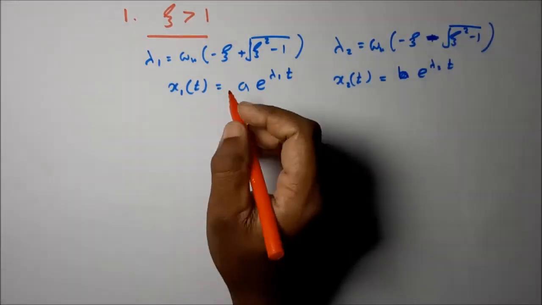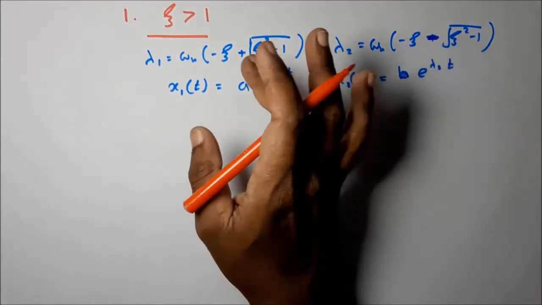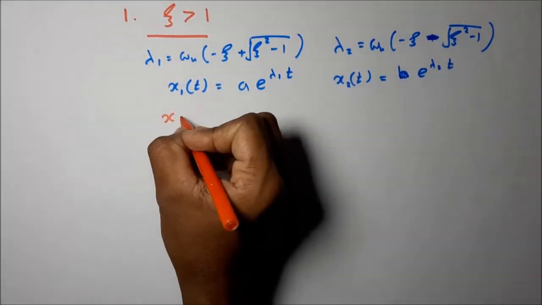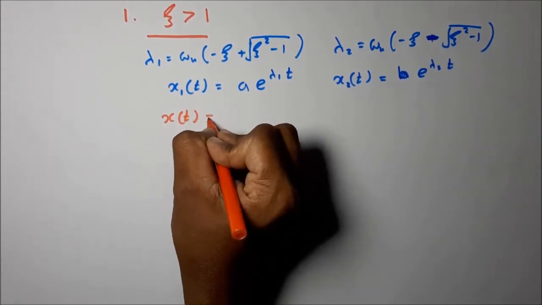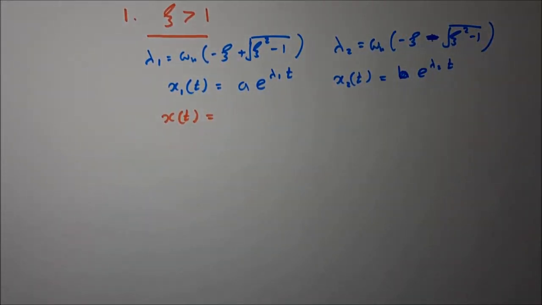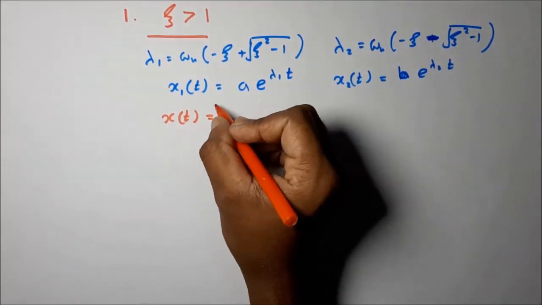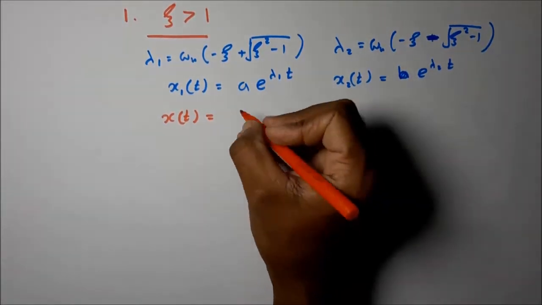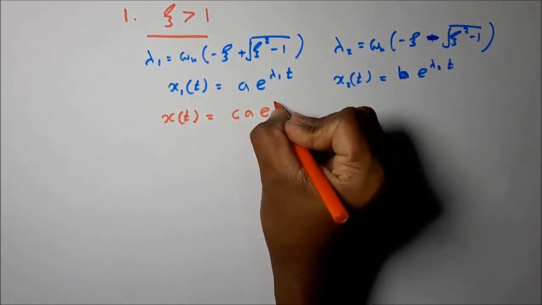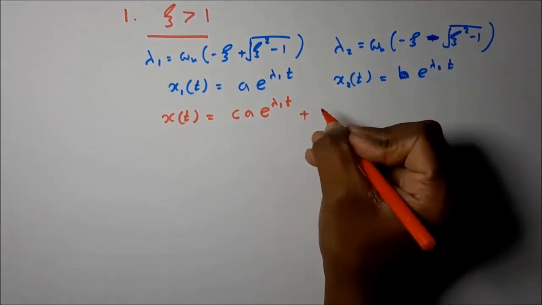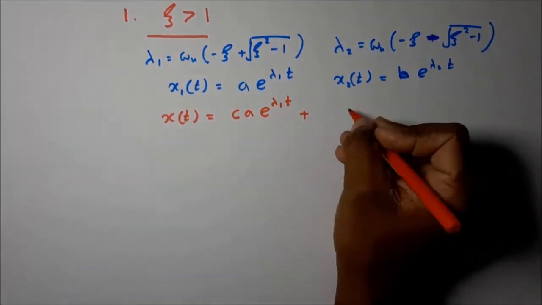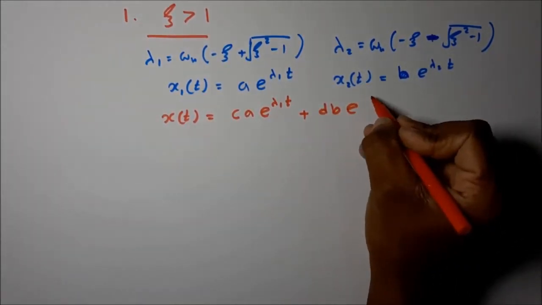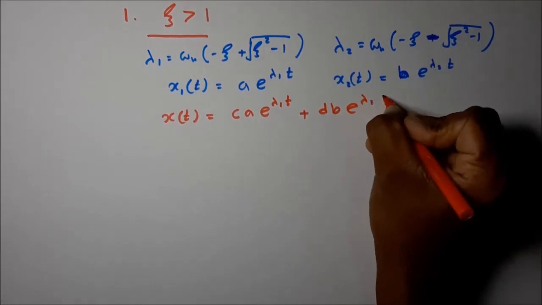So if we are having the two independent solutions, we can write the complete solution as the linear combination of these independent solutions. That means the linear combination, c times a e^(lambda 1 t) plus d times b e^(lambda 2 t).